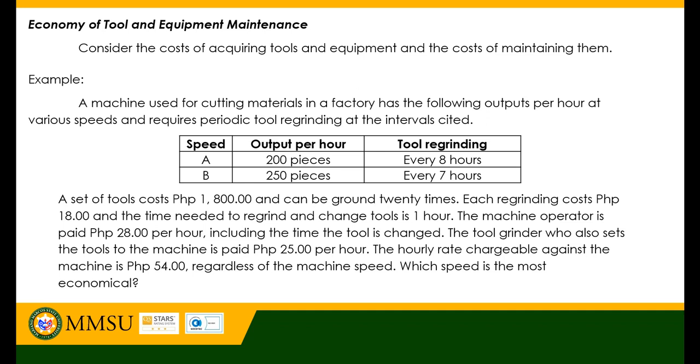So itong mga conditions na to sa second paragraph are applicable for both. Ang nagkaiba lang dito is sa speed A, mas konti ang kanyang pieces output, pero nire-regrind mo lang siya every 8 hours. Now, speed B, mas maraming output per hour, pero you have to regrind every 7 hours.